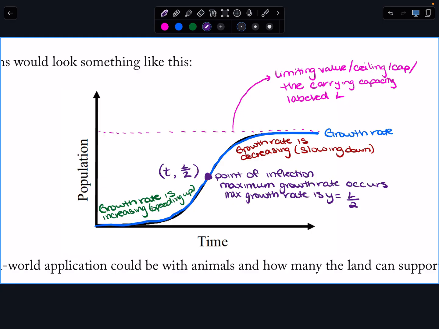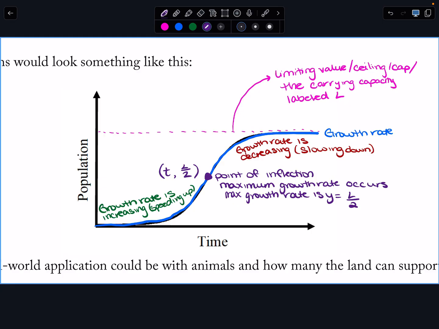The only reason why I teach you guys this section is because there is one multiple choice question on the AP test about what is the limiting value, the carrying capacity, of the function. And that's it.